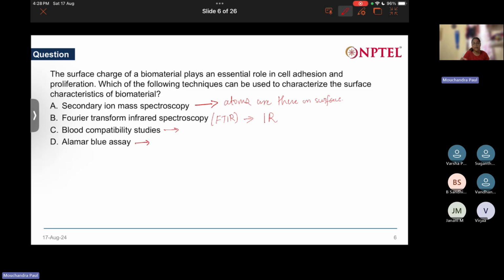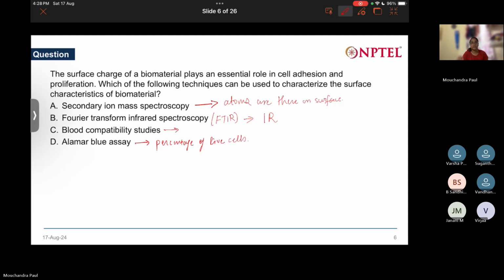The Alamar Blue assay is again a type of test for biological properties. We do this assay, and here we try to quantify the percentage of live cells.